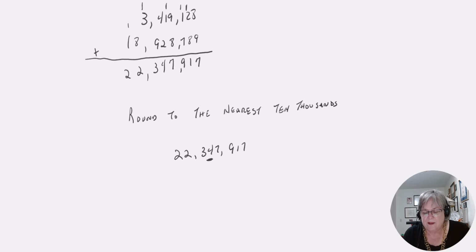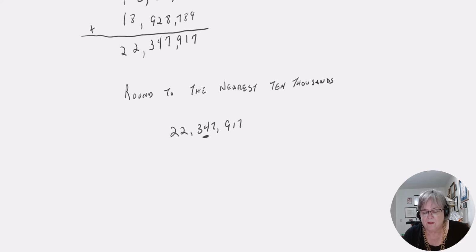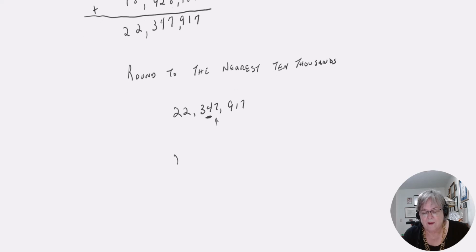This is the nearest 10,000 location. All right. So looking at the number to the right, it is bigger than 5. So we're going to round up. So we leave the front numbers alone. To round up, we add 1 to that digit. Everything else after that becomes a 0.